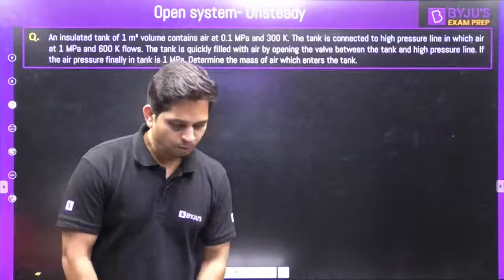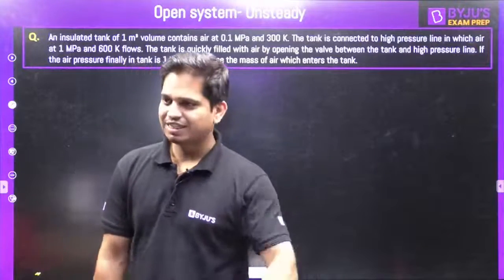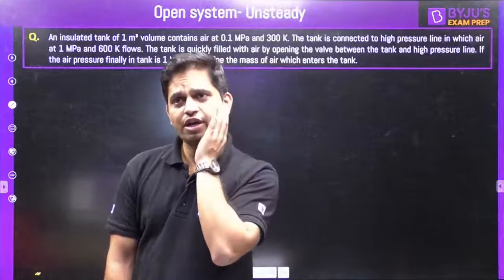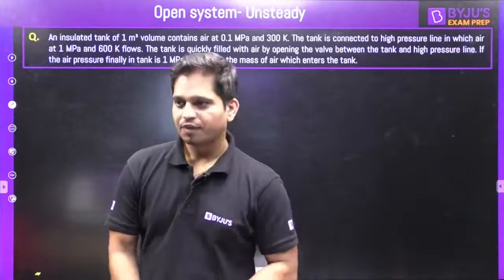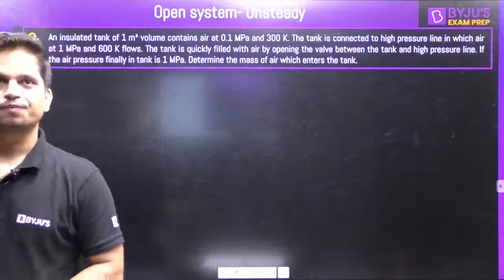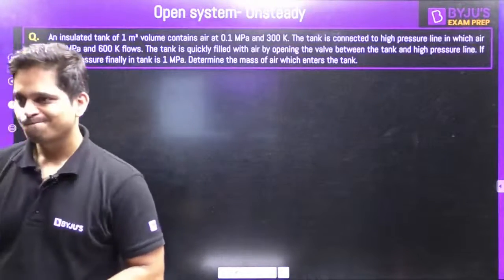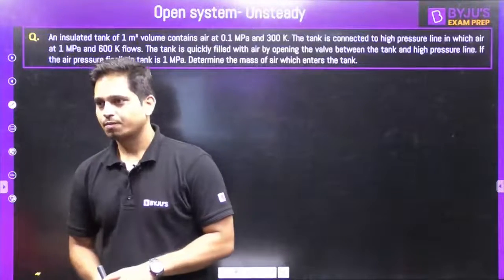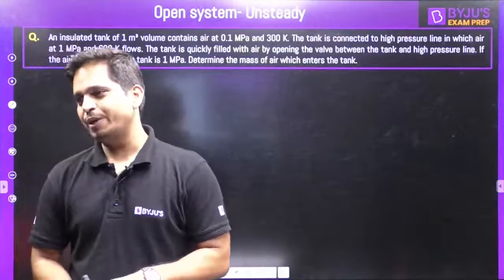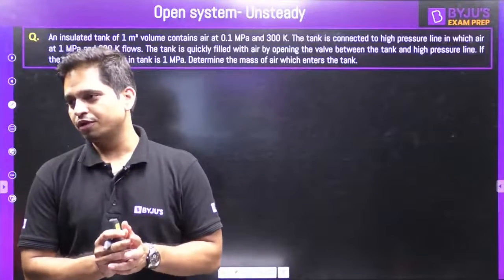Mass entering is 4.6. Yes, that is correct. 4.9 I got. I think that is also correct. kg. So Sachin, did you try it? Then very quickly we'll move ahead. Sachin, could you please tell me, or should I solve it here for you?